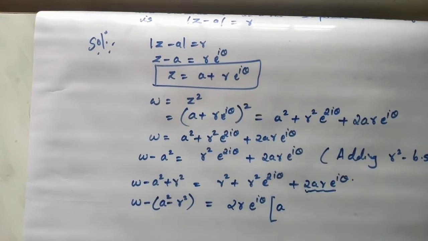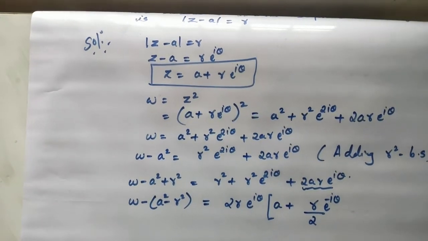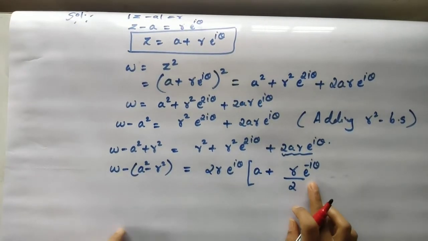Now from here also it is r square, so one r has been taken out, but these two things are extra, so I should divide this term. So plus r is left, divided by 2 into e to power i theta. The e to power i theta in the denominator I'll take to the numerator, writing it as e to power minus i theta. I hope this step is clear to everyone.